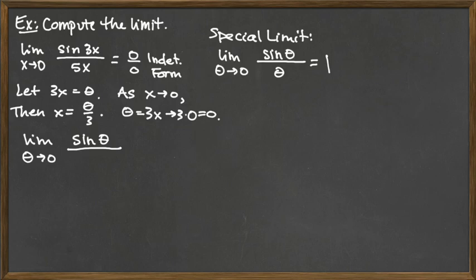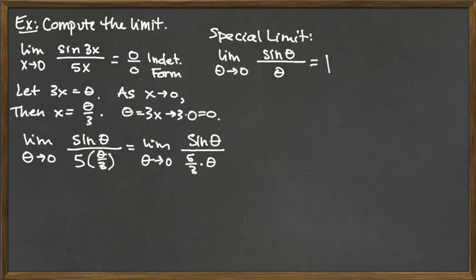And on the bottom we've got 5 times x, and x is theta divided by 3, replacing all the x's with thetas. So we have sine of theta nice on the top, but on the bottom we've got this constant multiple 5/3 times theta.